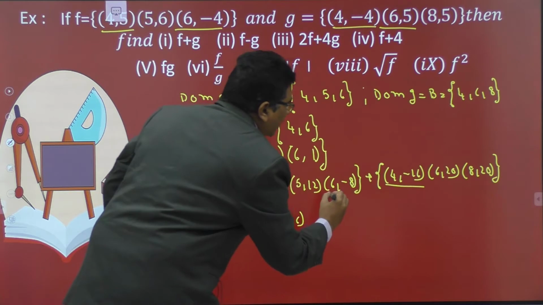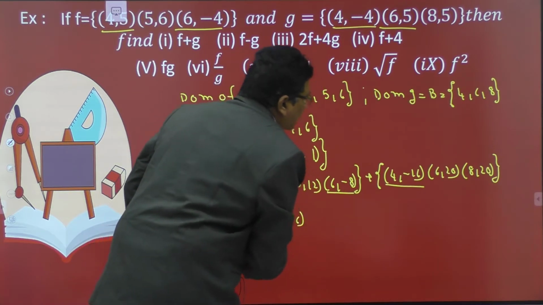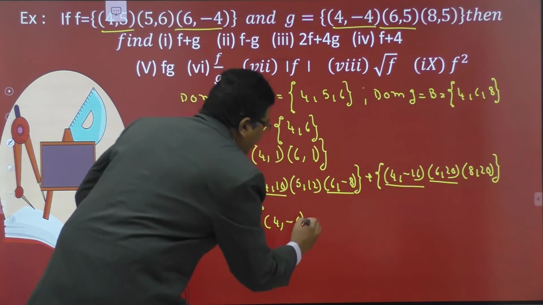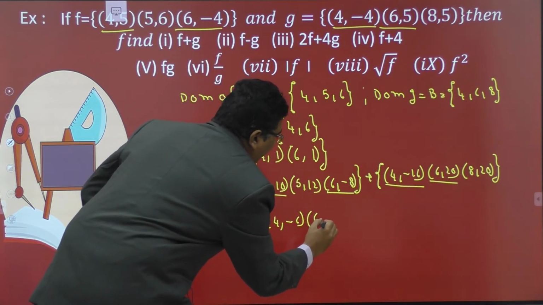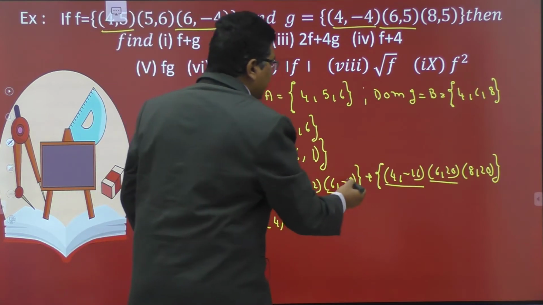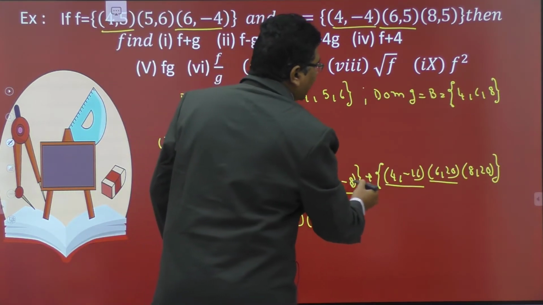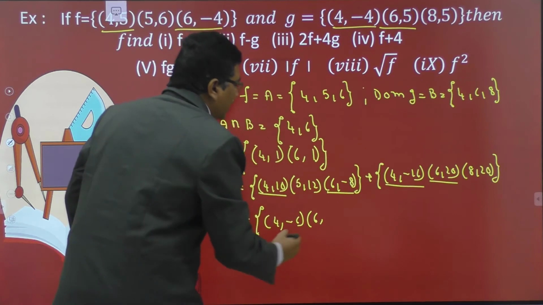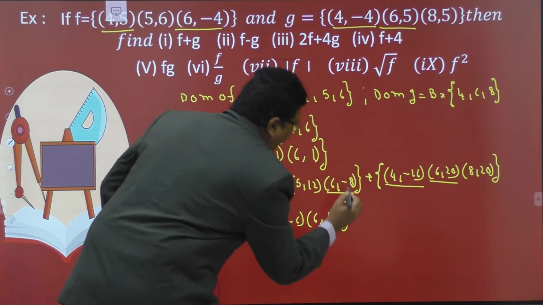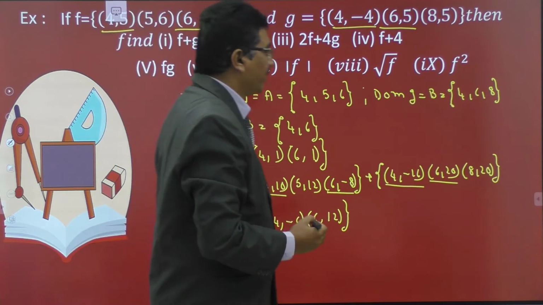Now 6 comma minus 8 is the ordered pair that is common. The first component cannot be changed; the second components must be added. Minus 8 plus 20 is equal to 12. That is 2f plus 4g.